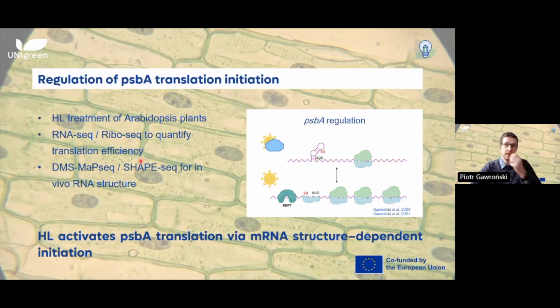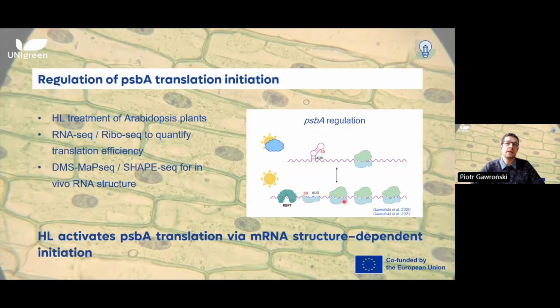And our data show that high light leads to the remodeling of the psbA mRNA near the translation initiation region. Specifically, a stem-loop structure observed under low light conditions is melted under the high light conditions. And this structural change increases ribosome binding to mRNA and activates translation initiation.